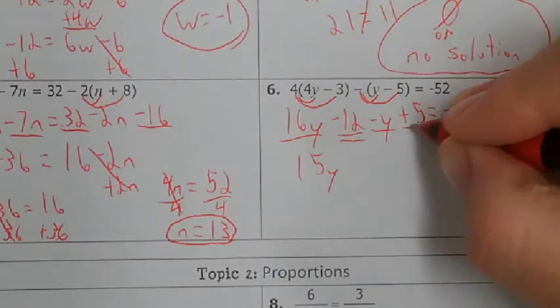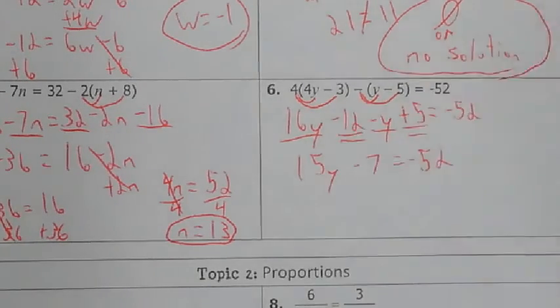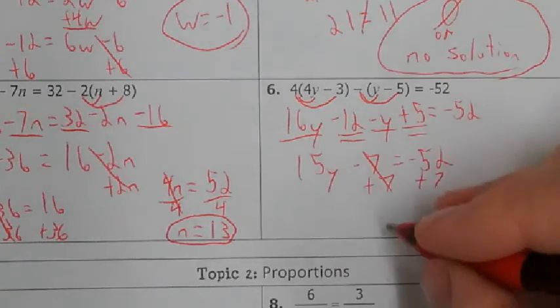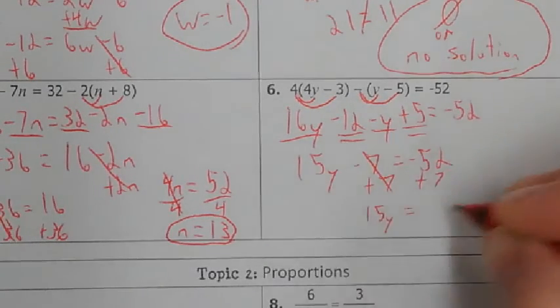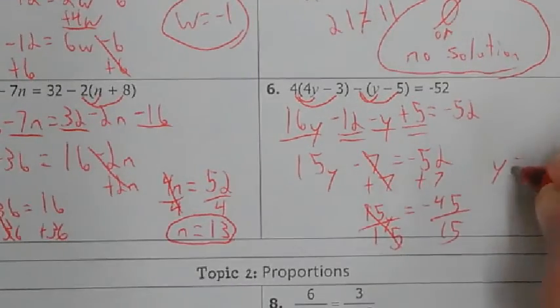Negative 12 plus 5 is negative 7. Add 7 on both sides. Get 15y equals negative 45. Divide by 15, and y equals negative 3.